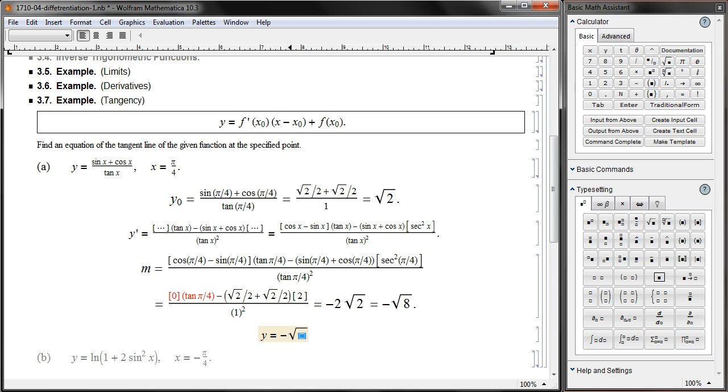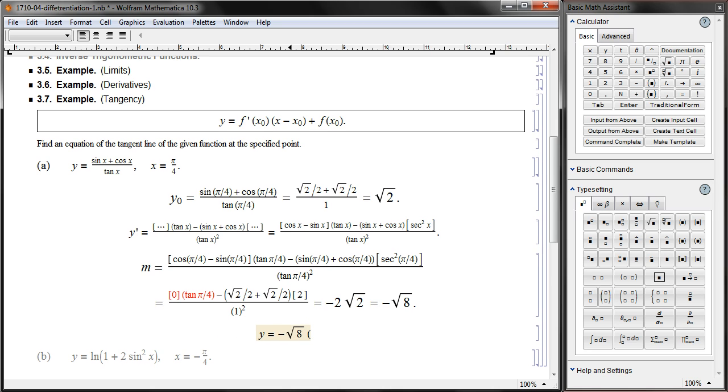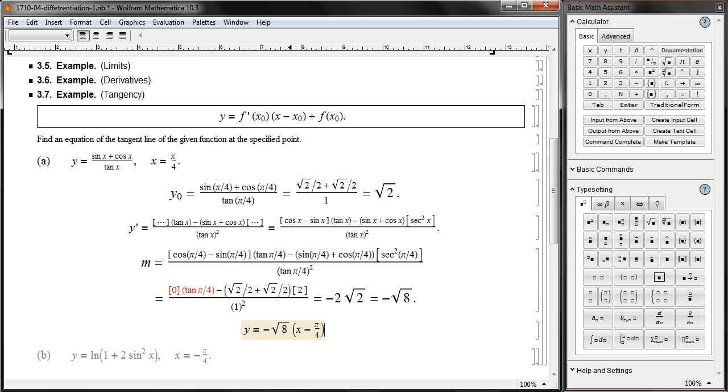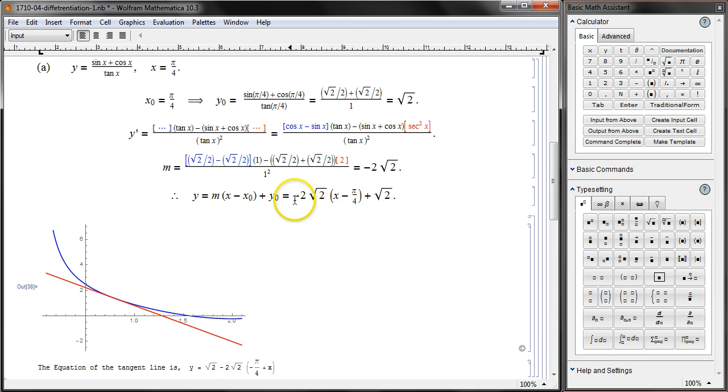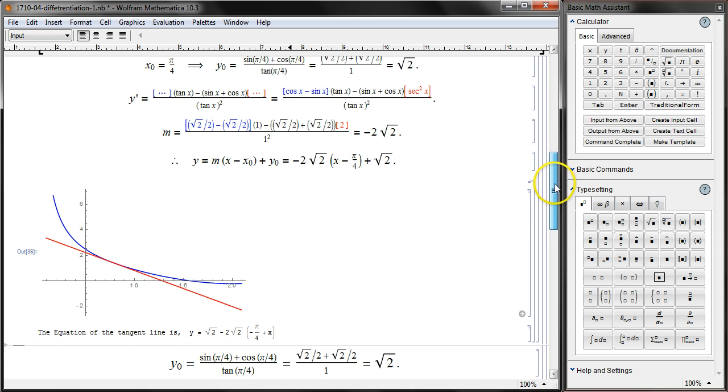Negative square root of 8, that's the slope, times x minus pi over 4, plus square root of 2 is the slope point equation of the tangent line. Let's find out. Yes, that's correct. Instead of square root of 8, I use 2 square root of 2, otherwise the same.